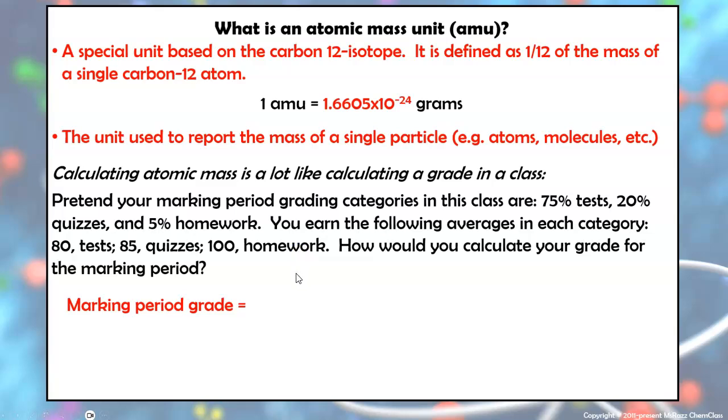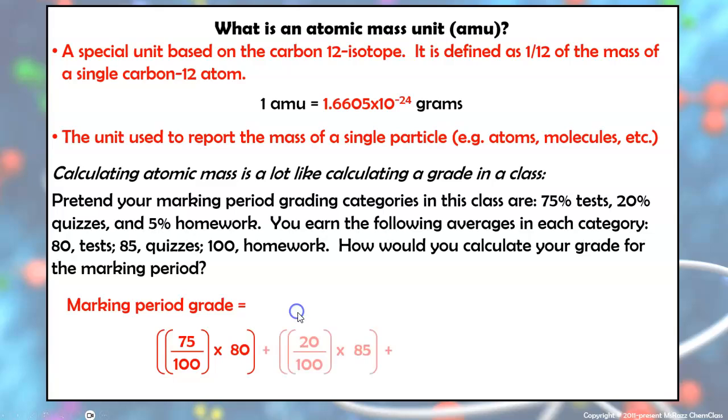So we have to figure out what your grade is going to be when we calculate it. You're going to take 75 divided by 100, which is the percent. This is how you change 75% into a decimal. It's 75 divided by 100 times 80, which is the grade for your tests.